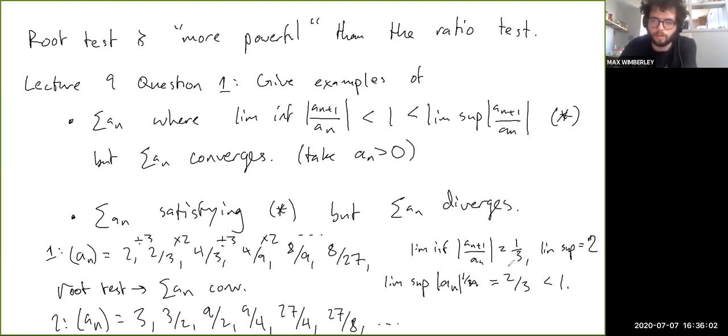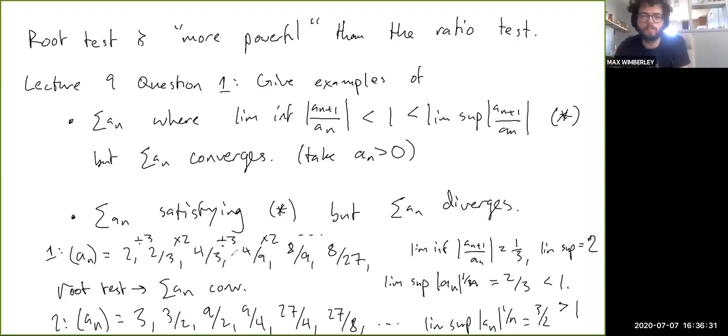Then it just reverses. So here the lim inf would now be 1/2, and the lim sup would be 3. It still satisfies all these properties, but clearly it diverges because the terms themselves approach infinity. If you look at the root test, the lim sup of a_n to the 1 over n is actually 3/2 in this case instead of 2/3, which is bigger than 1. So this one diverges.